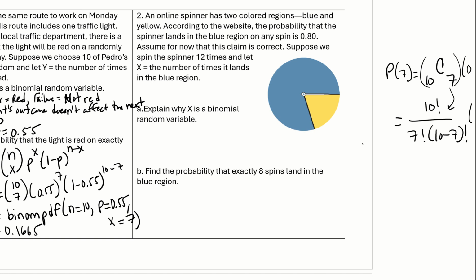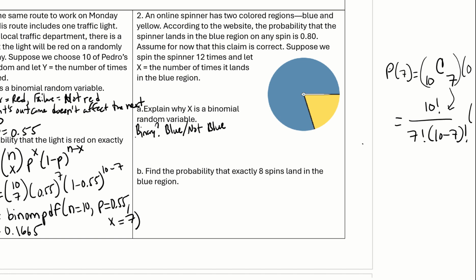All right, it is a binomial random variable if you use BINS, so let's talk about that. Binary: it's either in the blue or not blue, so yes, it is binary.